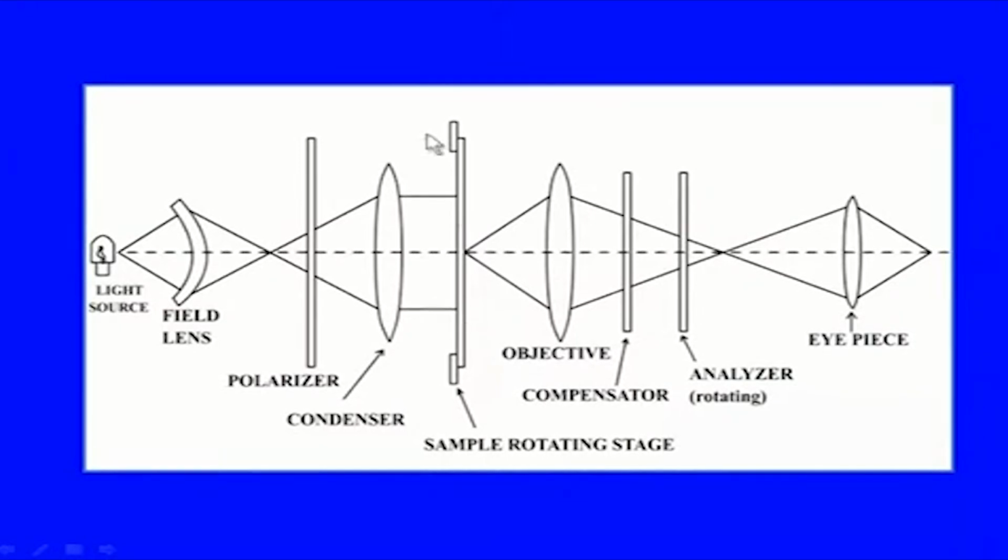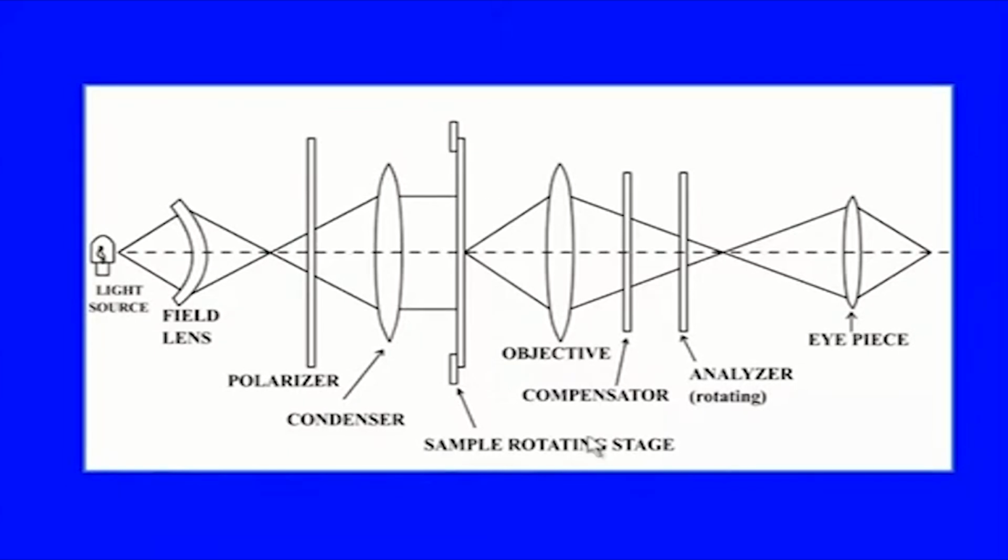Now, this specimen plane is a rotating stage. Like I said, you need to rotate the stage to see relative brightness and darkness, and as per the alignment of the arrangement of the particles in the structure and the plane of polarization, they will show brightness as they allow the light to pass through the analyzer, or they will not allow the light to pass through the analyzer, or light is partly allowed to pass through the analyzer.